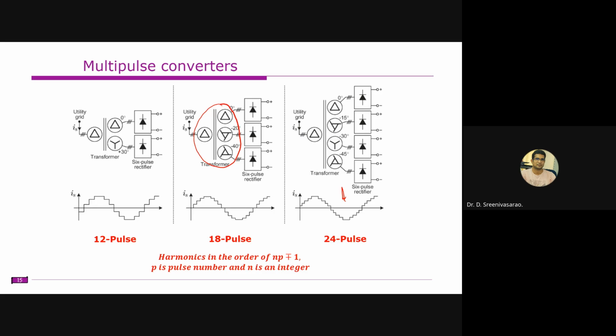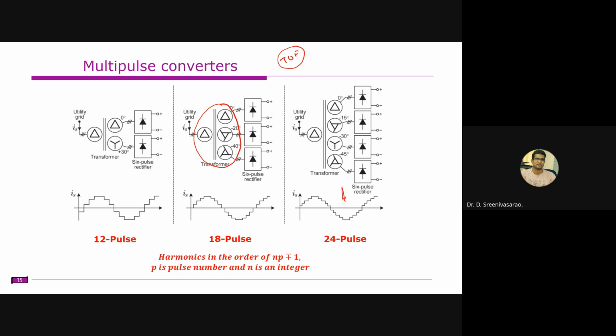You remember the K factor, right? In other words, you might have studied the transformer utilization factor, TUF. Accordingly, you need to derate the transformers because they are handling non-sinusoidal currents.